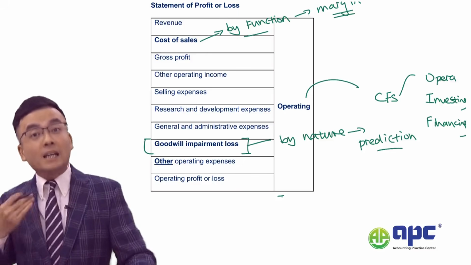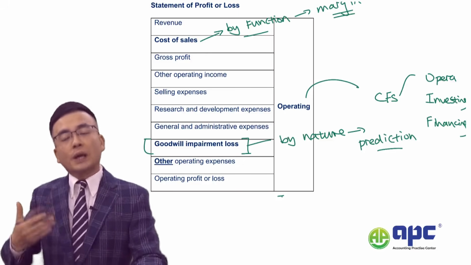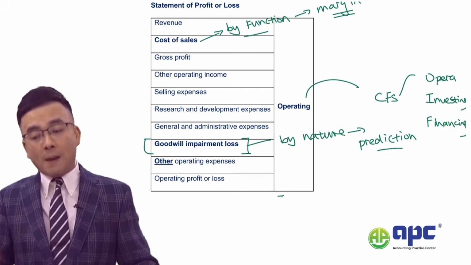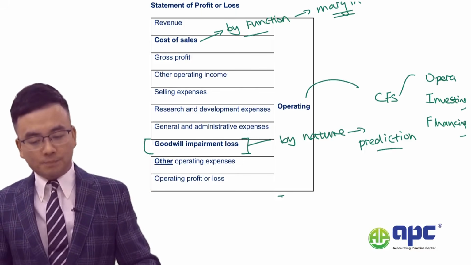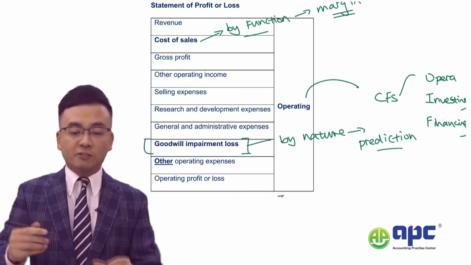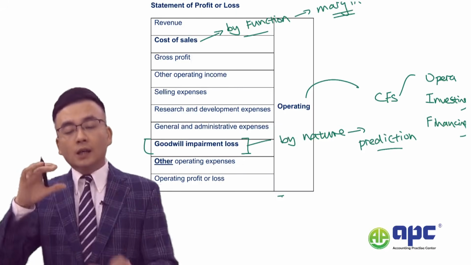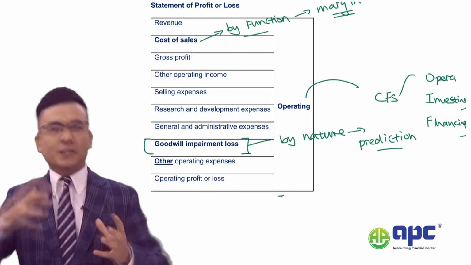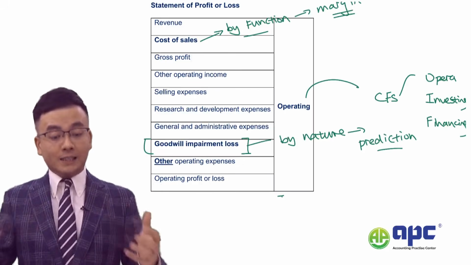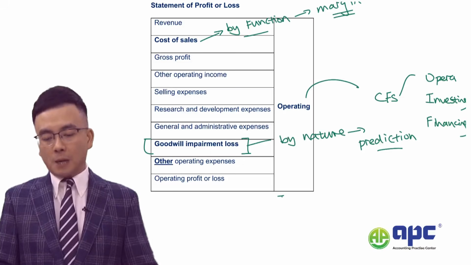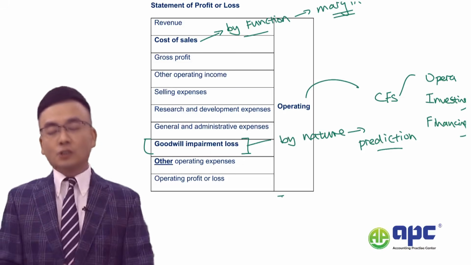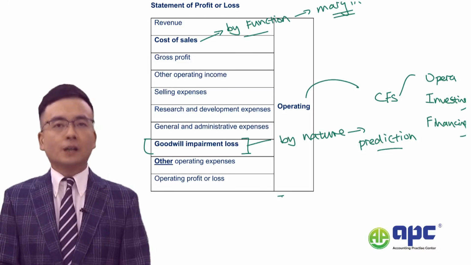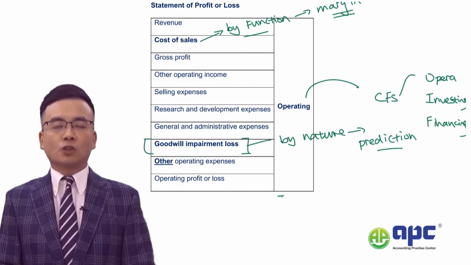We can then base on goodwill impairment losses in the past to predict the goodwill impairment losses in the future. And of course, the mixture of by function, showing the expenses in each of the departments, for example cost of sales within the production department and the other departments' costs, and even the by nature mixture of those will be absolutely fine to provide useful information.